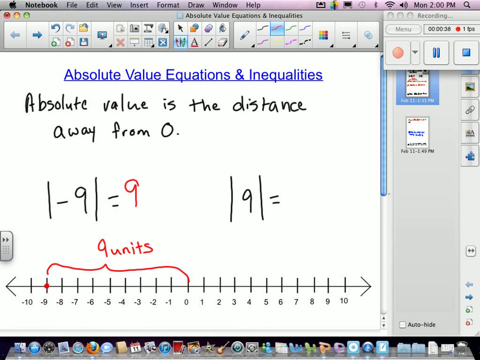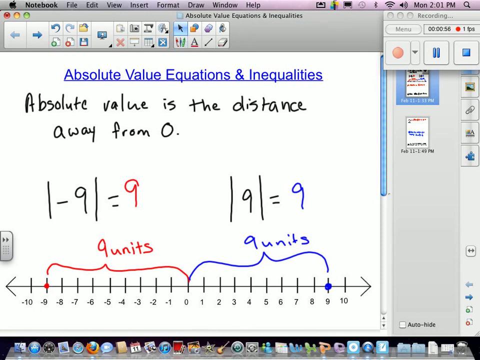Okay? We do the same thing for 9. We put a point at 9, and then we do the distance away from 0, and it again would be 9 units. So that's why the absolute value of 9 is still +9. And we just did that by using the definition of absolute value.